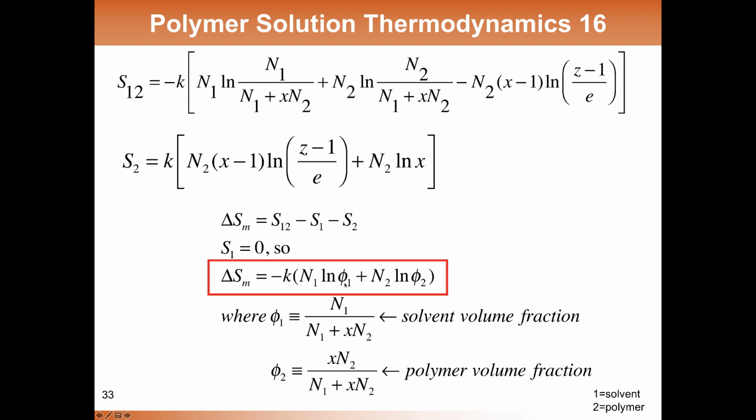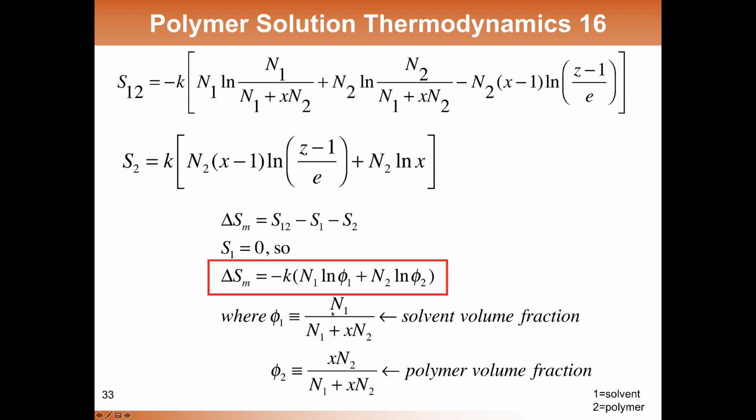solvent volume fraction. Now, the way this is defined is it's the number of solvent molecules over the number of solvent molecules plus the number of polymer molecules times the number of segments per polymer molecule. So this is the number of solvent molecules, and this is the total number of sites on the lattice.